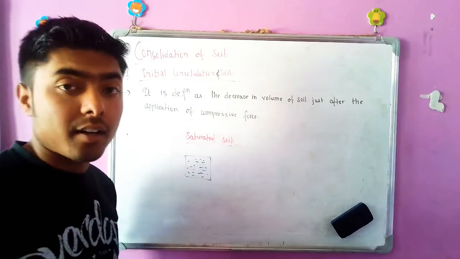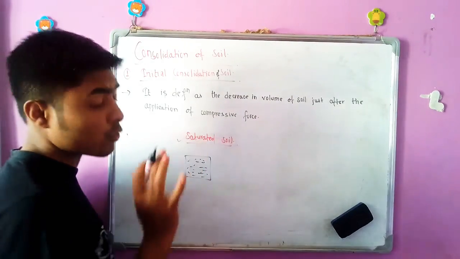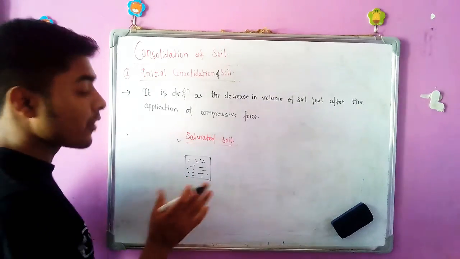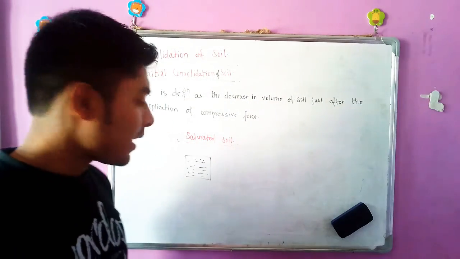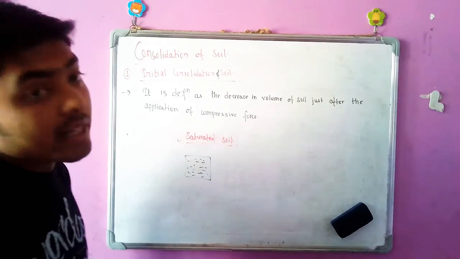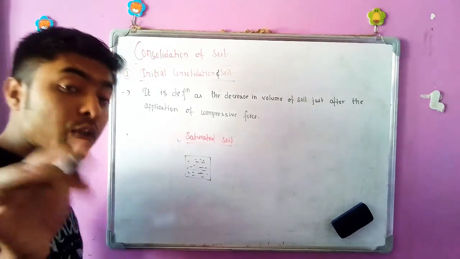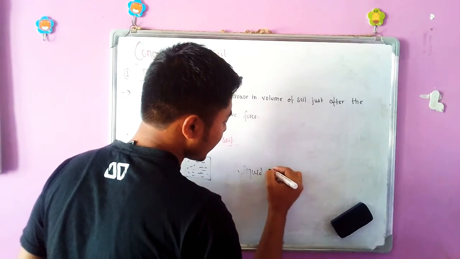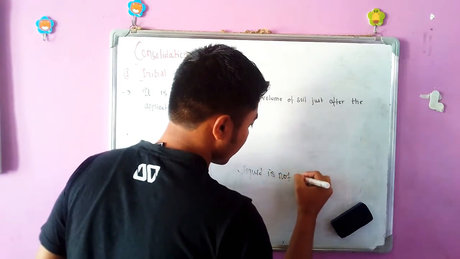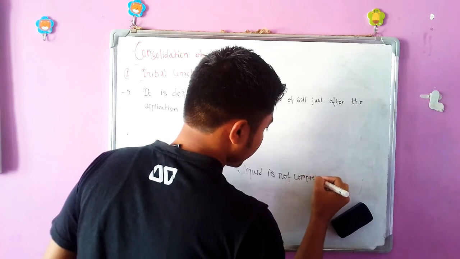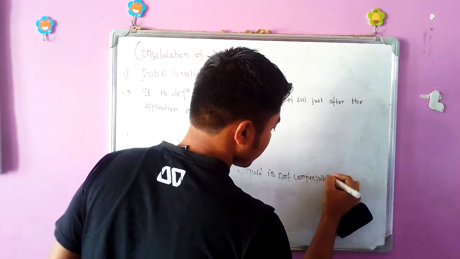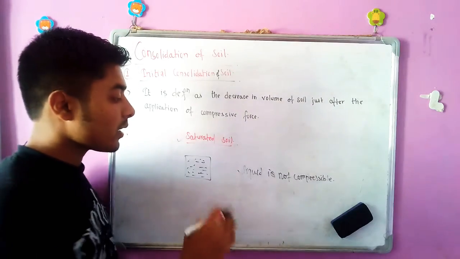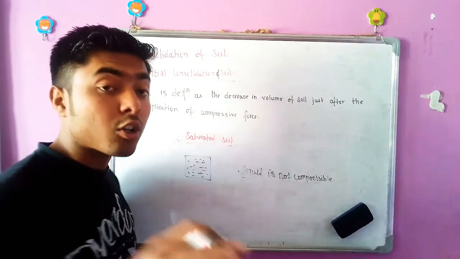There is no air, so its decrease in volume is not because of air. It is clear about that. So what's the reason? As we know, liquid is not compressible. We can't compress the liquid.